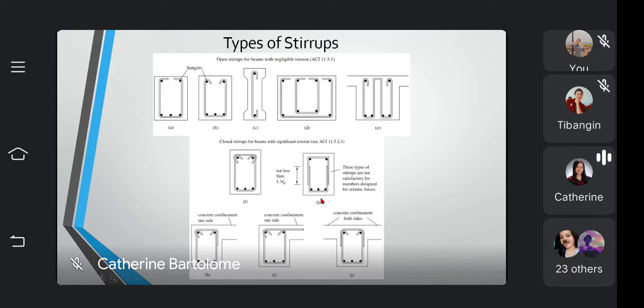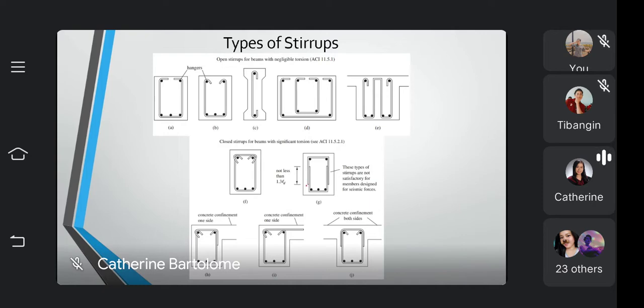In figure F, these types of stirrups are not satisfactory for members designed for seismic forces. So if it is carrying seismic forces, this is not an acceptable stirrup design. What can you notice? It overlaps here.